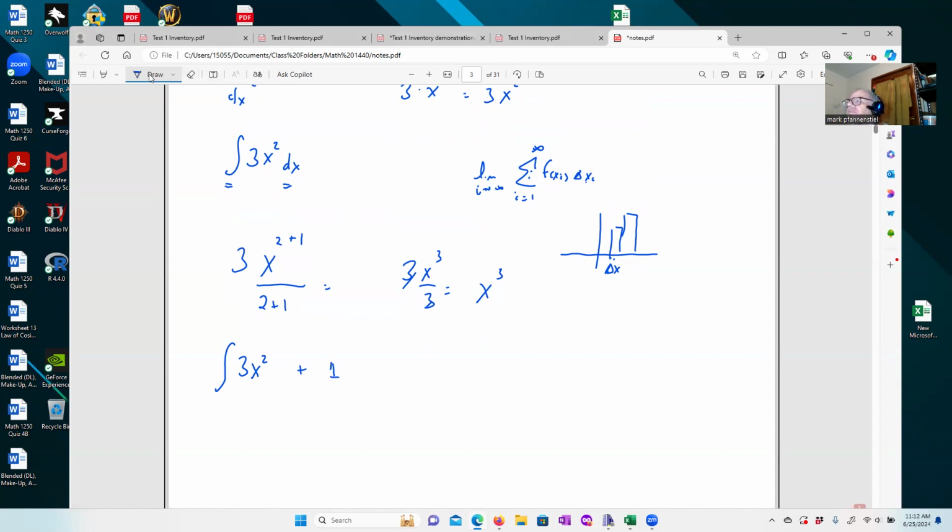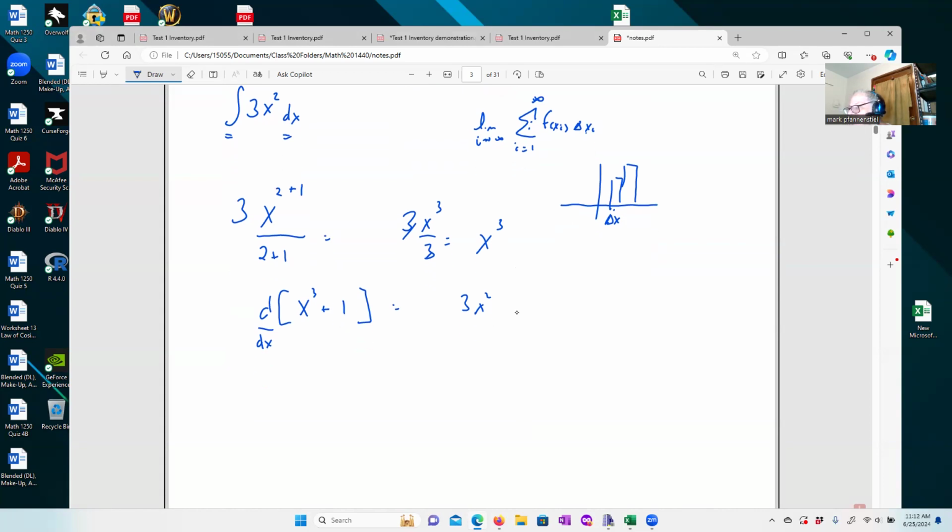If I wanted to take the derivative of x cubed plus 1, we'd still end up with 3x squared, because the derivative of 1 is 0. So if I want to undo this 3x squared, I'm not necessarily going to get back my x cubed plus 1. I'm just going to get back an x cubed.